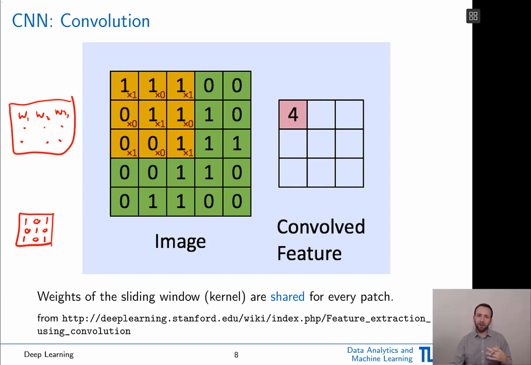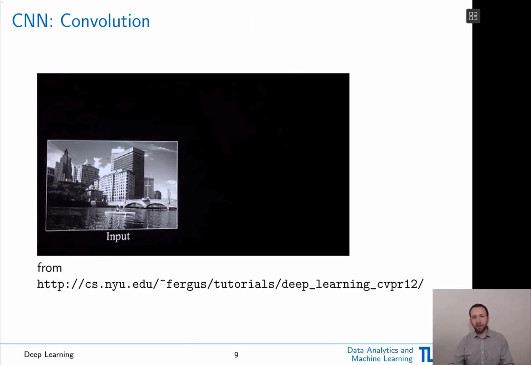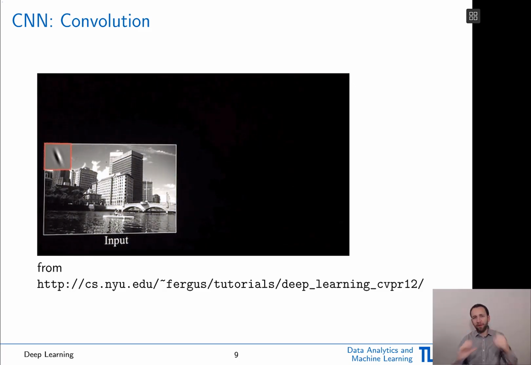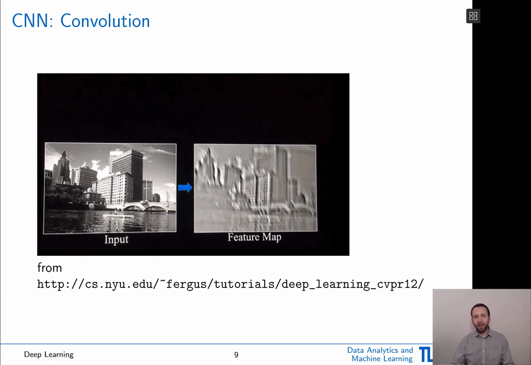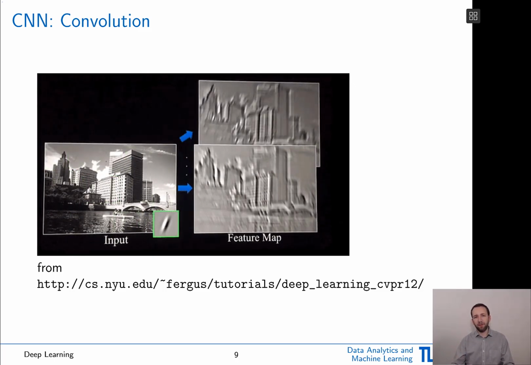Okay, so this is one point I want to raise here. The number of parameters is getting much smaller because we are not using a fully connected neural network. Another point why this is helpful is that usually we are not only applying one of these filters to our image. These filters, as I said, are learned. So we have, say, 3 times 3 filters which are learned, and depending on how your filter looks, you're extracting different features from your image.